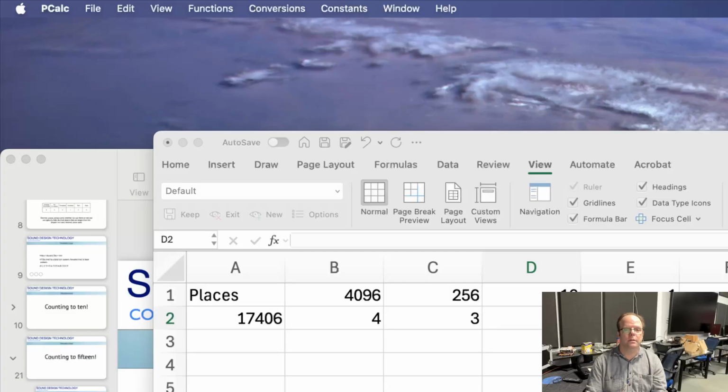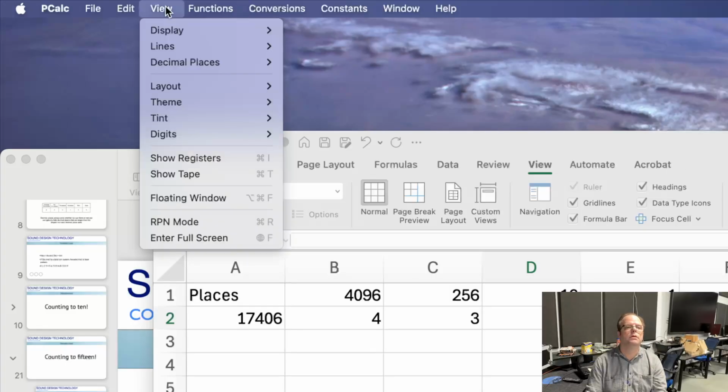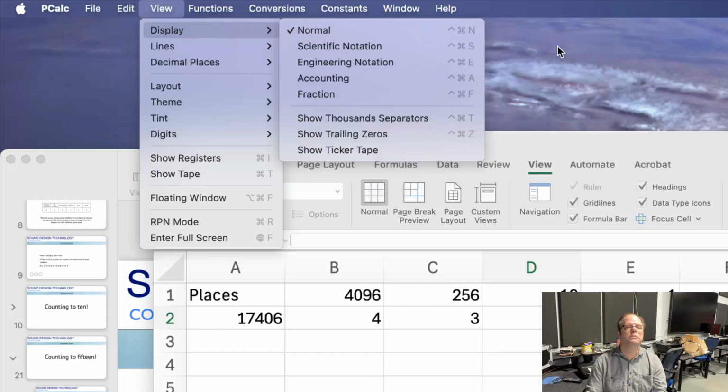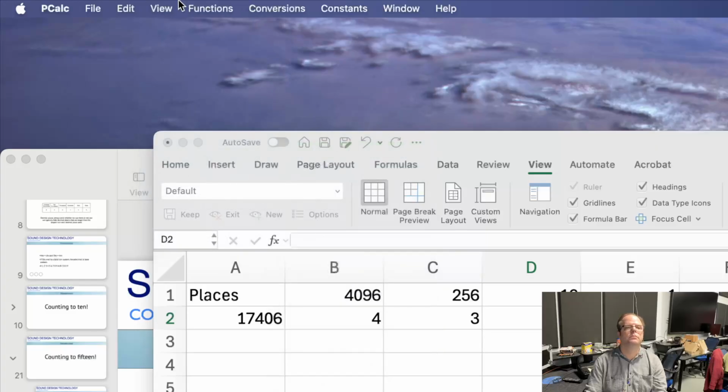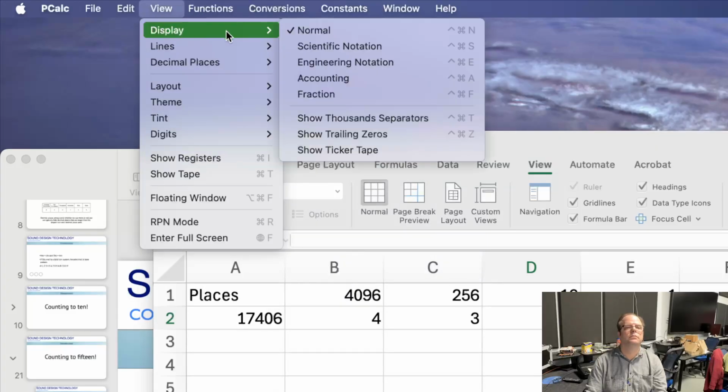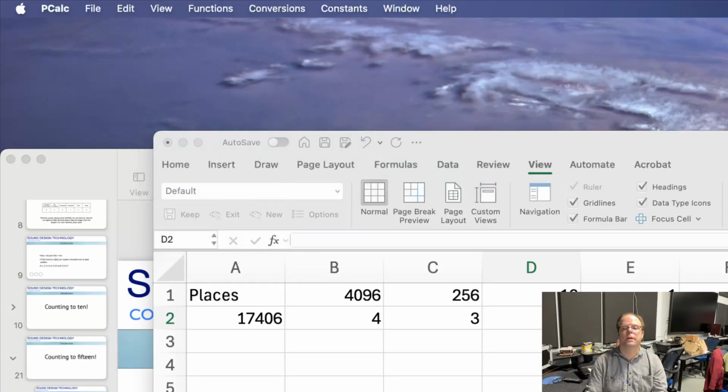So we know we've got 4 4,096s, and 4 times 4,096 is 16,384.